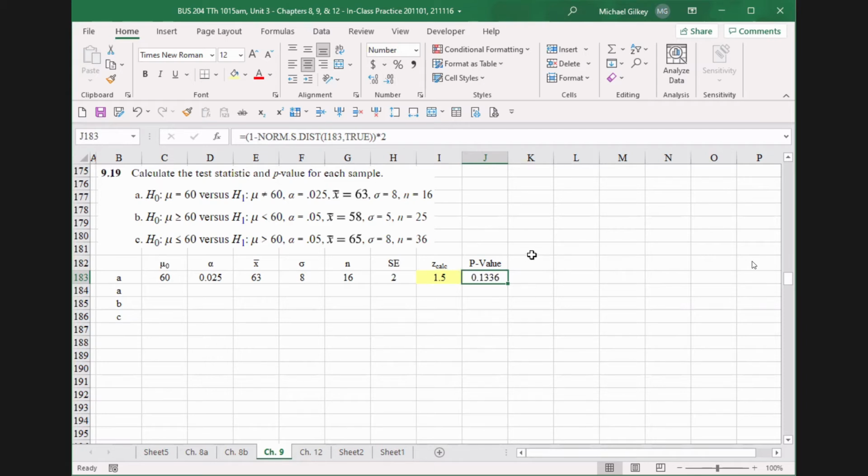There's my two-tailed p-value. Is everybody okay? Now, do I reject or do I not reject? Wait, go back to the p-value real quick. Because I just got it multiplied by 2. Right, 1 minus and then times 2. Okay, there we go.